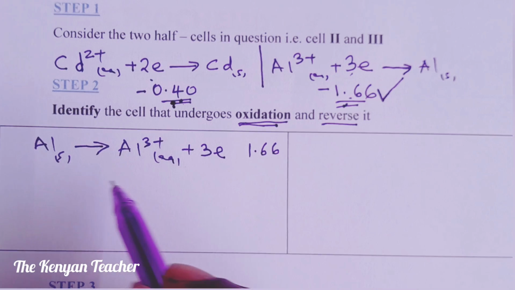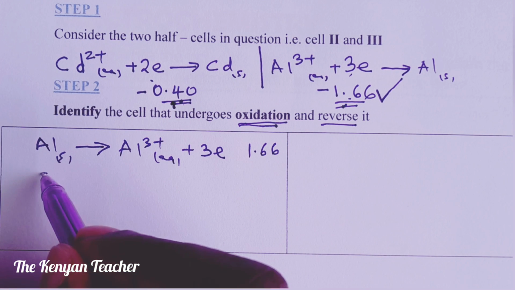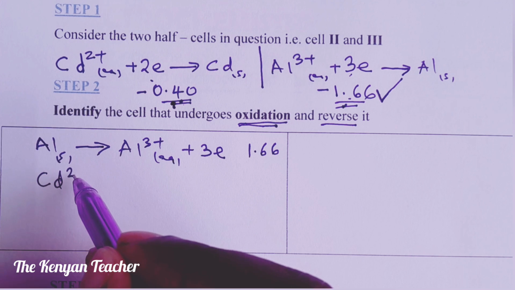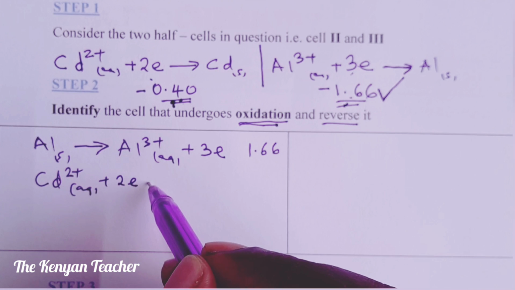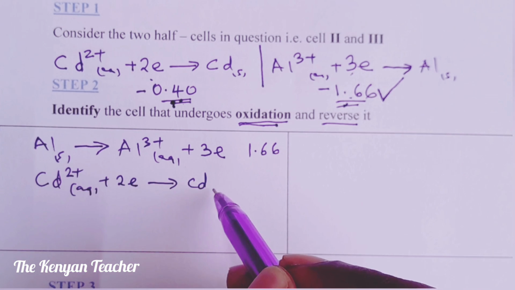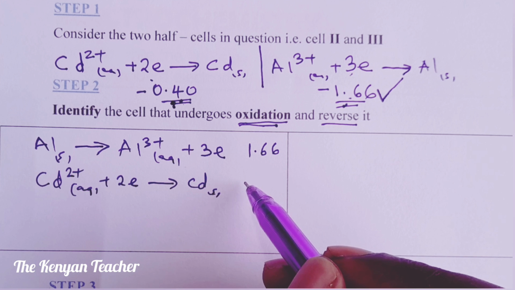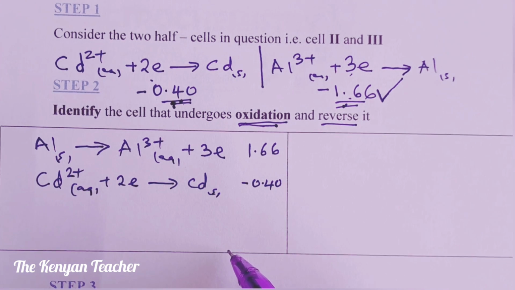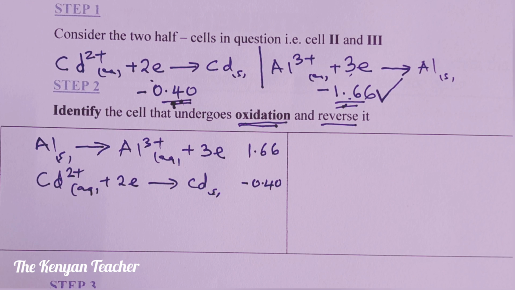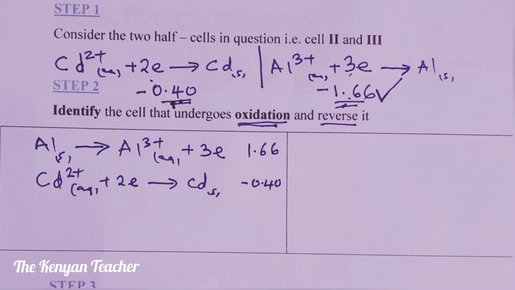The other half cell will leave the way it is, and therefore I have cadmium ions accepting 2 moles of electrons to give cadmium. Of course, the value will remain as negative 0.40. Up to that point, I believe you have followed on what to do in order to identify the half cell that has undergone oxidation.